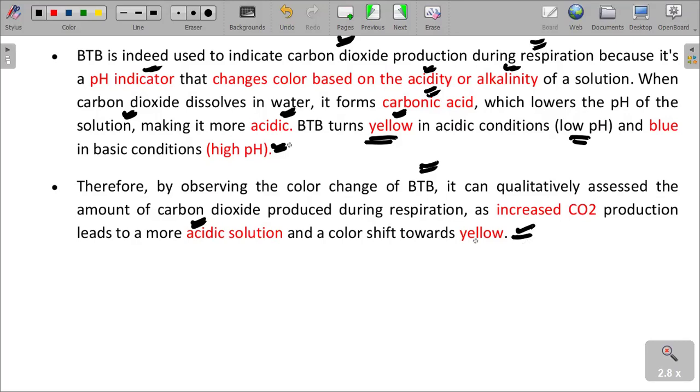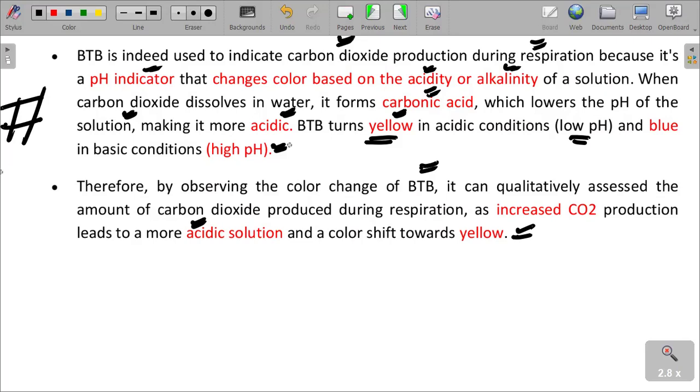To yellow. So this is another way, class, to determine carbon dioxide production during cellular respiration, by using bromothymol blue, which changes from blue to yellow if carbon dioxide is produced.